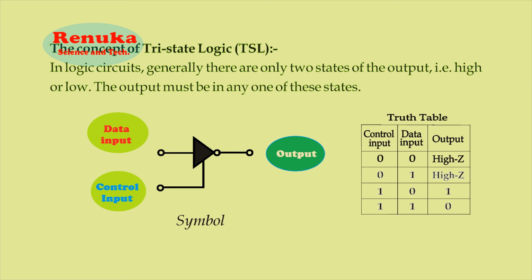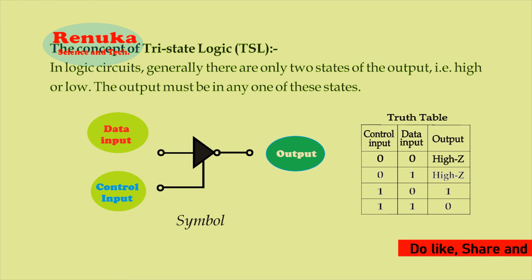So this is the symbol of tri-state logic, and this was only for the inverter. In the same way we can show NAND gate and other gates using tri-state logic, but it is out of our syllabus, so we have not discussed it here. We have only covered tri-state logic for the inverter circuit. Generally there are two output states, high and low, and the third state of tri-state logic is called the high impedance state, which is shown here. So this was all about the tri-state logic.